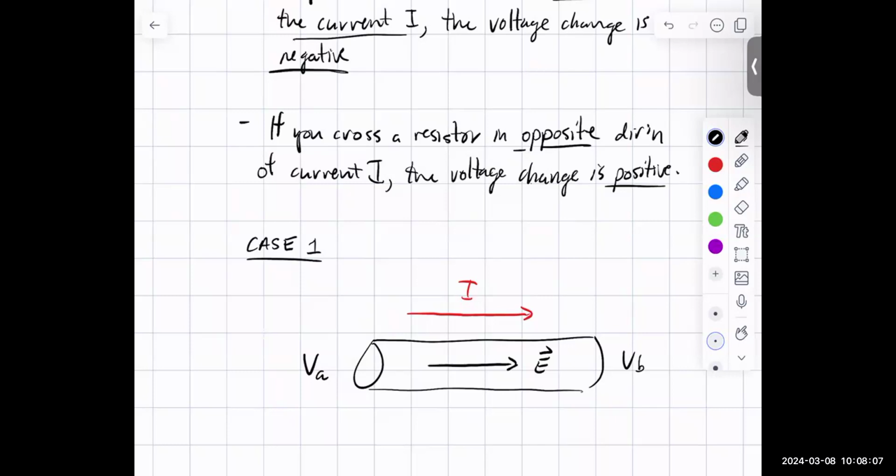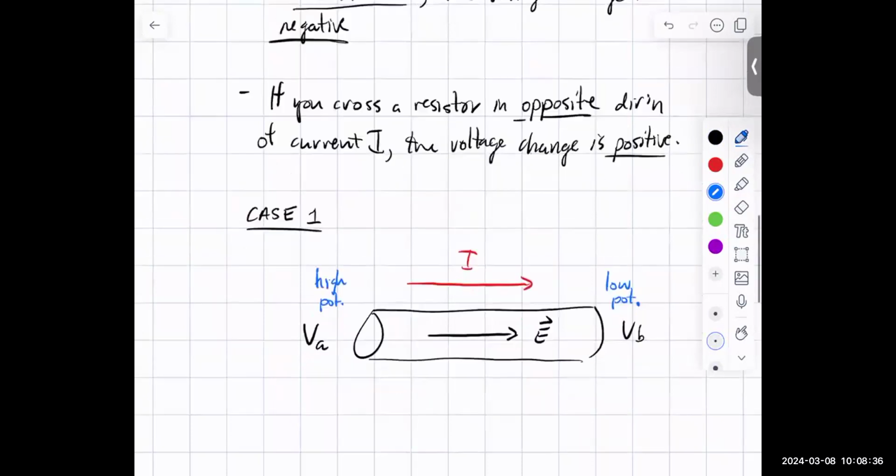And what do we know about electric fields? They point from a high potential to a low potential. So if we have a current going from left to right, there must be an electric field that points left to right, and in order for that electric field to be there, there must be a high potential on the left side and a low potential on the right side.